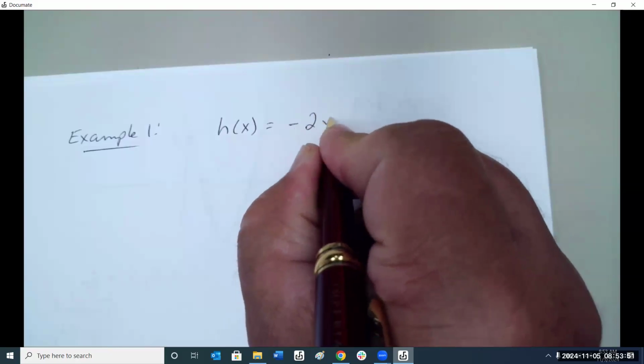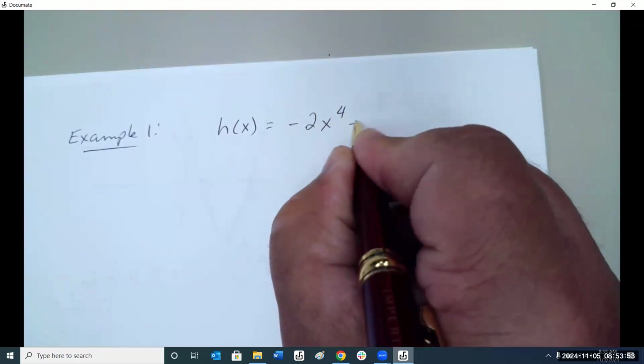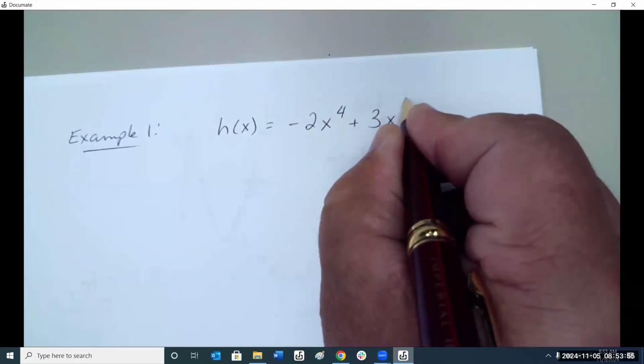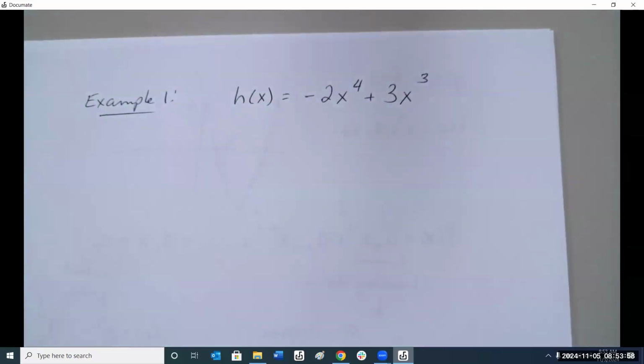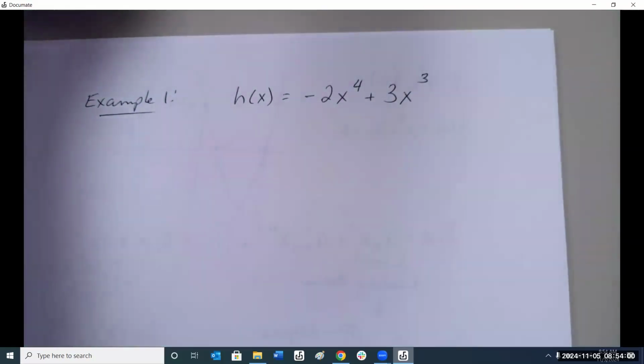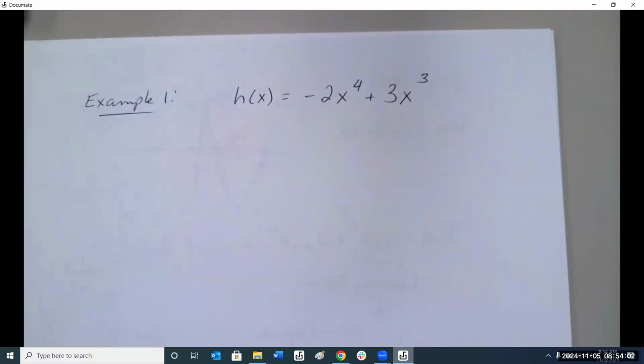Sketch this graph. So what's your first step? What are you going to do first?